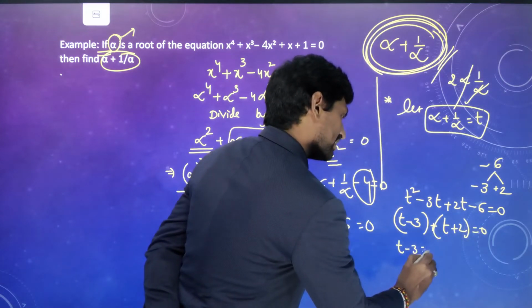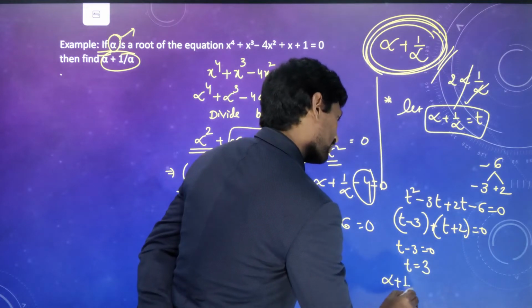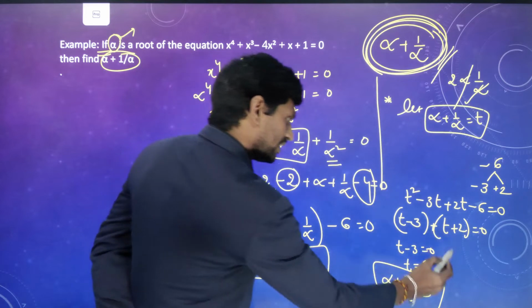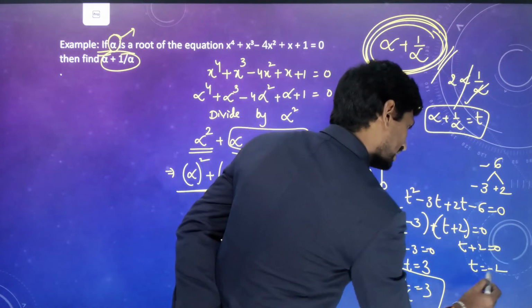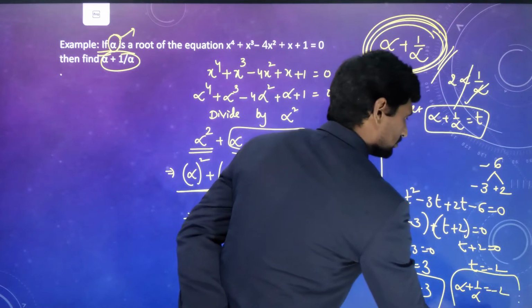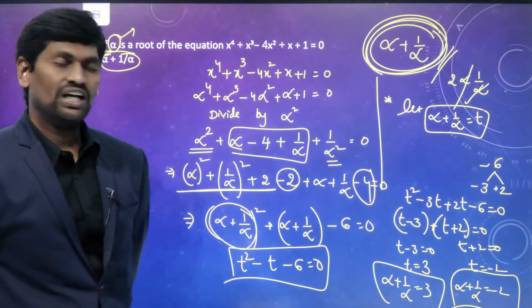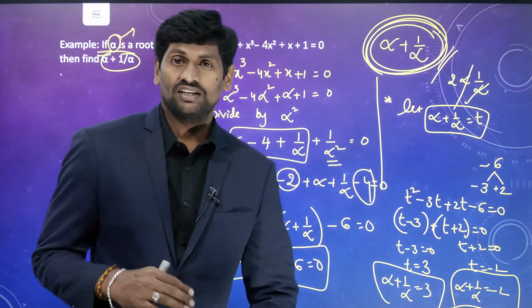So t minus 3 equal to 0, t equals 3. T is nothing but alpha plus 1 by alpha, equal to 3. Our second one, t plus 2 equal to 0, t equals minus 2. That means alpha plus 1 by alpha equal to minus 2. So therefore the answers are 3 and minus 2. Please check it. So let us go to the next question.